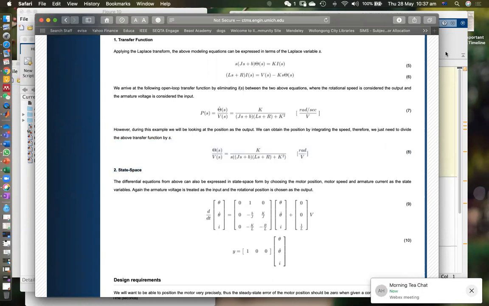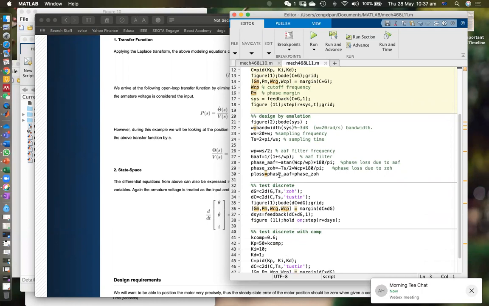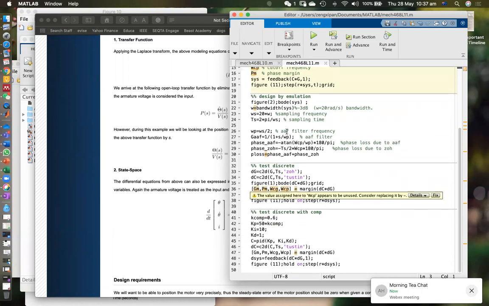That's why at the beginning you have to have a story: what problem do you want to solve? You don't just directly give me a random transfer function. This needs to make sense. Thank you. But the anti-aliasing filter, we always use this simple first order structure, just the simple one.